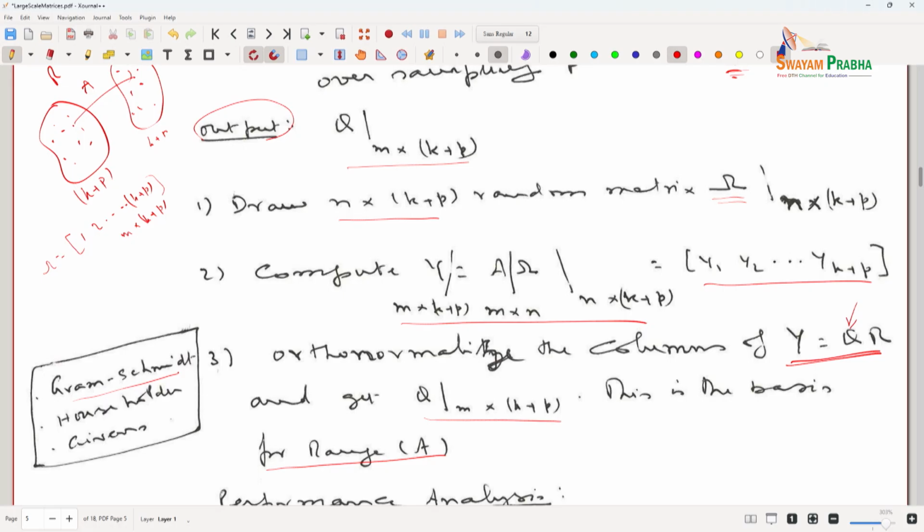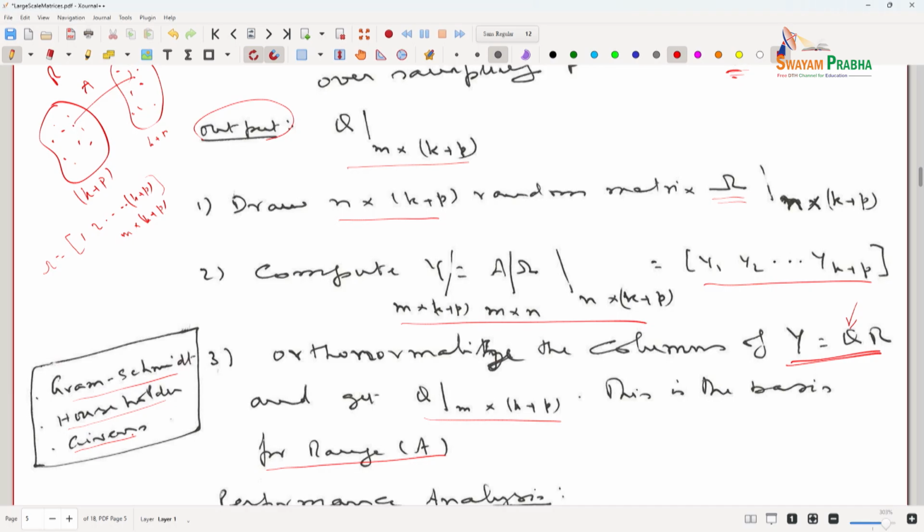There is also an equivalent algorithm called Householder's algorithm, which I have not talked about. There is also another transformation which is called Givens rotation. So, this orthogonalization can be done by one of the standard methods. I have illustrated the Gram-Schmidt algorithm, at least one method you know.